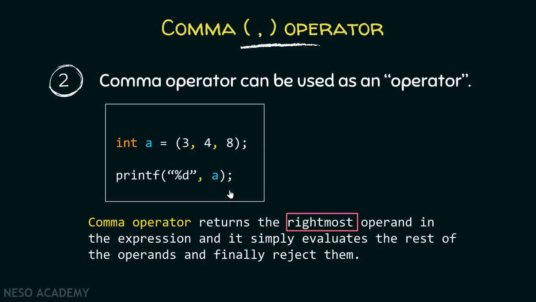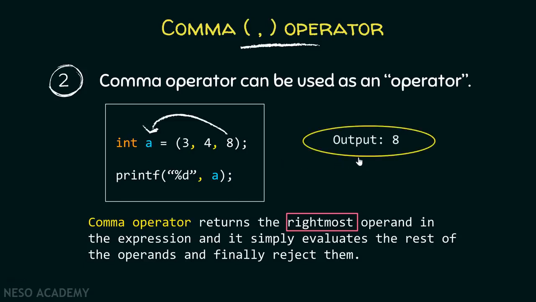Isn't that so? And it simply evaluates the rest of the operands and finally rejects them. Here, this value is going to get returned to this particular variable a. Therefore, the output of this particular program is 8.